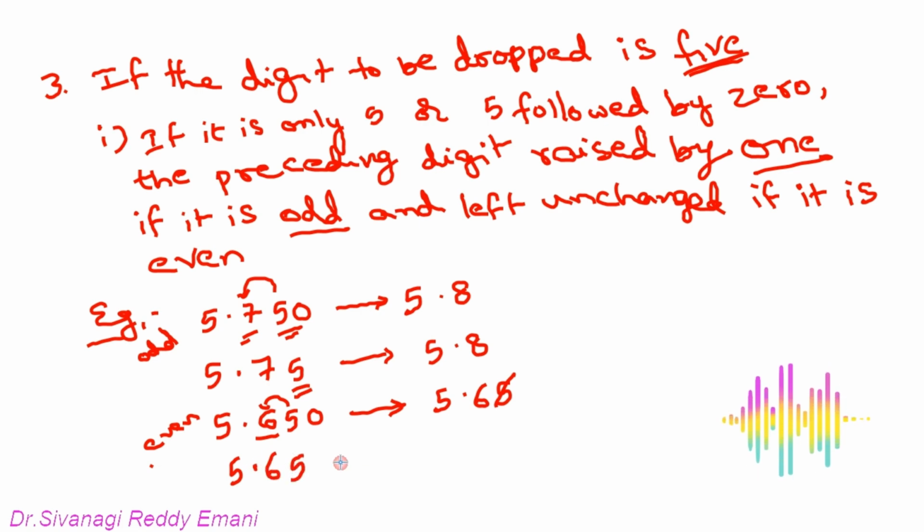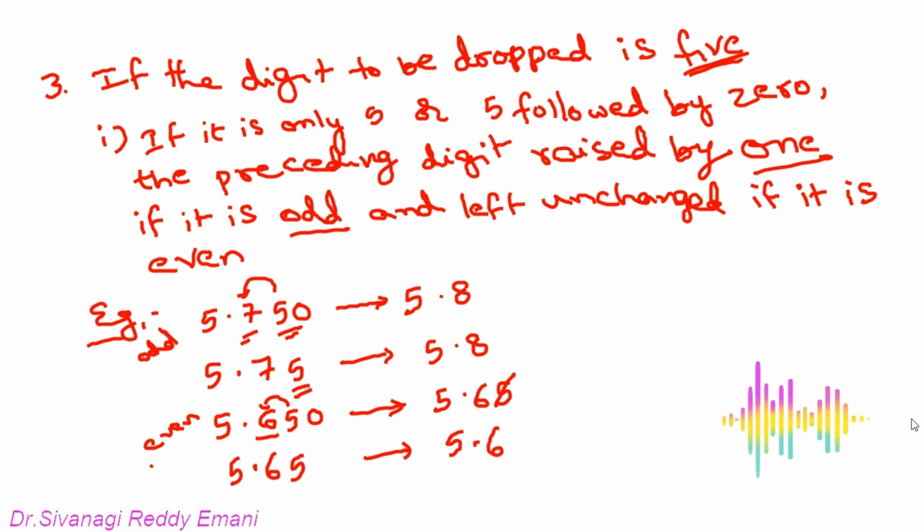Then 5.65, on the same token, we can write 5.6. So if the dropping digit is 5, we only have to check the number before it: if it is even, leave it unchanged; if it is odd, increase it by 1.